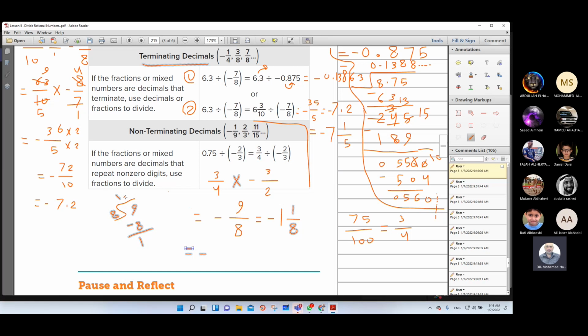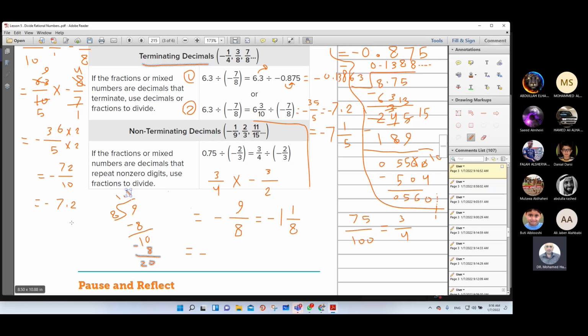Put here a point and put here 0. 10 divided by 8 will be 1. 1 times 8 is 8. 10 minus 8 will be 2.